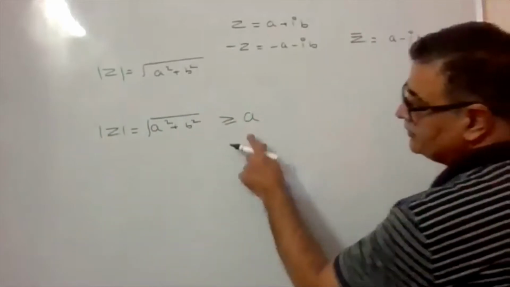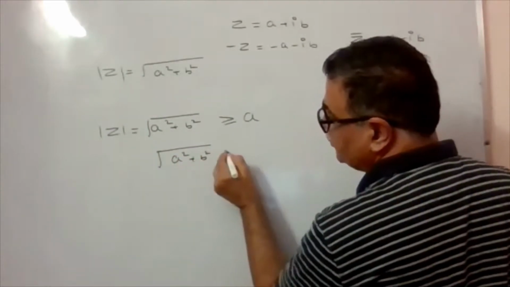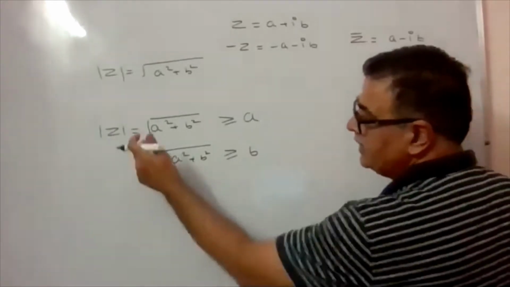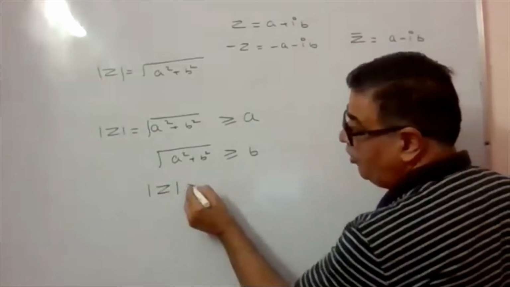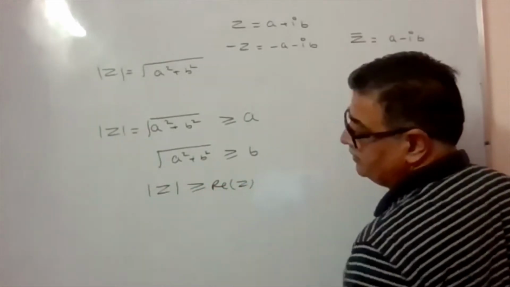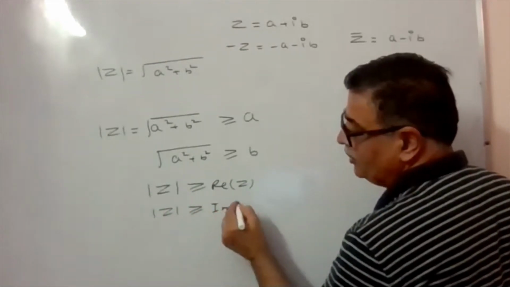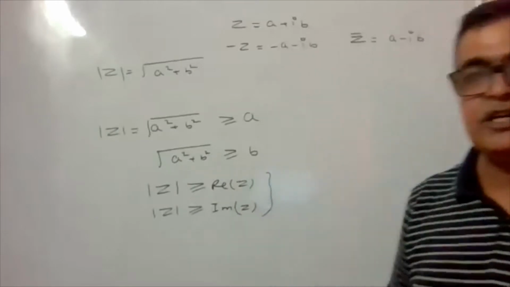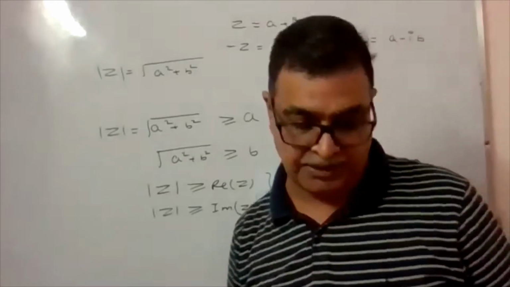So one condition is this. Second condition says root of a² + b² is also greater than or equal to b. That means modulus of a complex number is always greater than or equal to the real part of z, and also greater than or equal to the imaginary part of z. So modulus is always greater than its real part as well as the imaginary part.